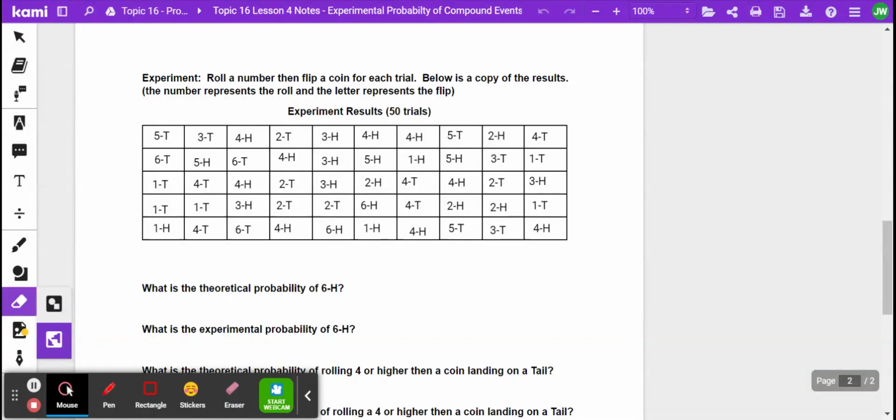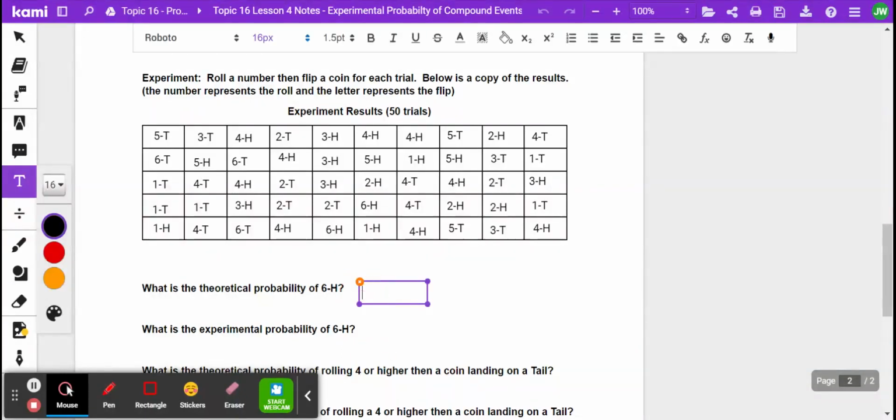So we have: what is the theoretical probability of getting a 6 and then a head? For my 6, there is 1 six out of the 6 sides. So my probability of 6H equals 1/6.